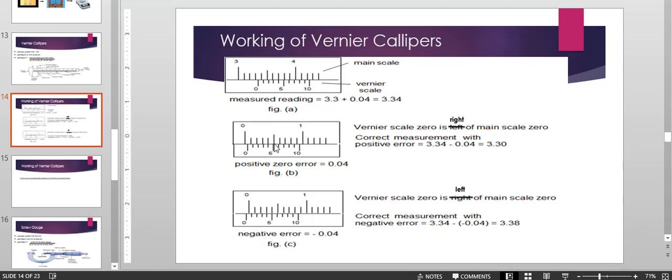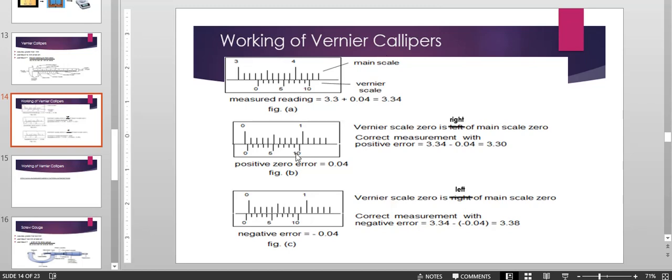We'll convert it into a standard form by multiplying it by the least count of this vernier caliper, that is 0.01 centimeter, and we'll get 0.04 centimeter. Place a positive sign with this number, but we'll subtract this value in order to get the accurate diameter.